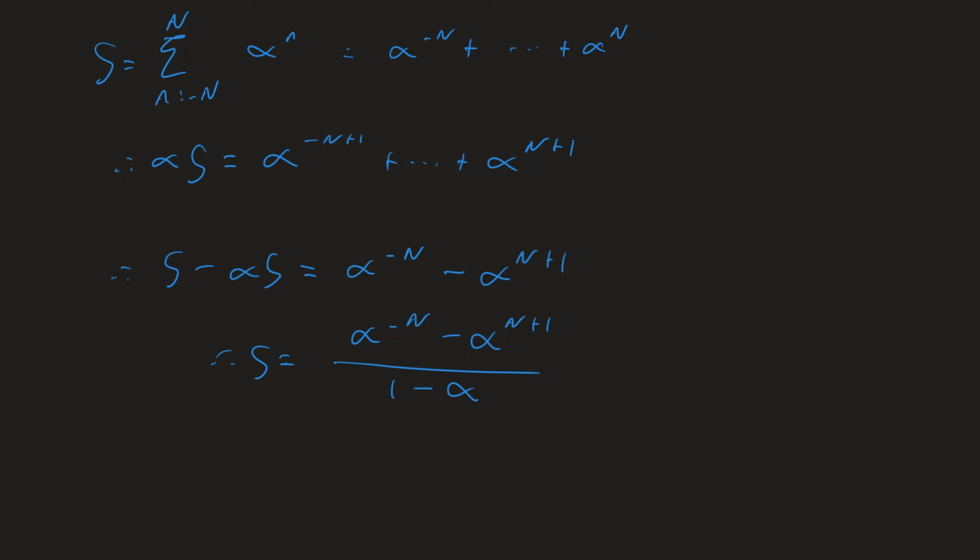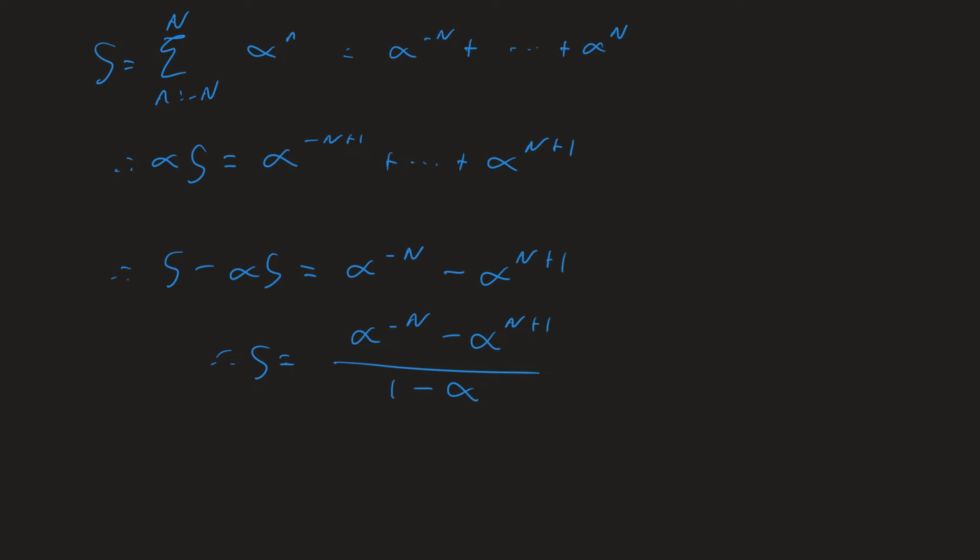To see it, it helps to write this out explicitly. Alpha times s is therefore given by adding 1 to each of the powers of alpha. And now if we subtract this from this, we see s minus alpha s, where s is the value of the sum that we care about, is given by, well, s contains the term alpha to the negative n, which does not appear in alpha s, so it appears here.